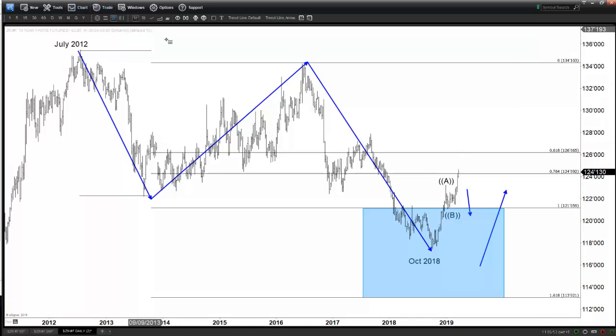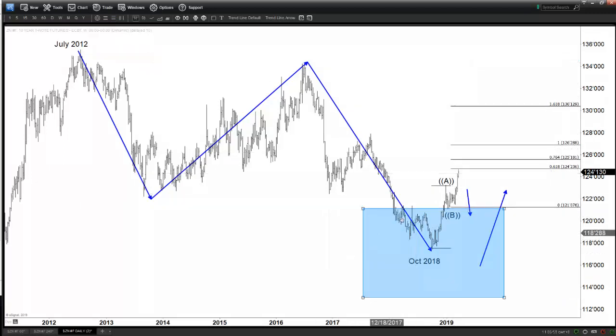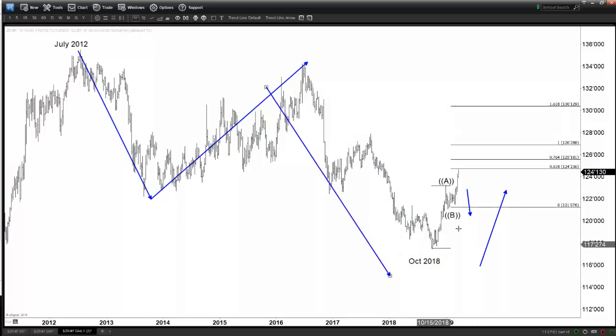Now if you look at the Fibonacci extension, let me erase this. If we do get a full 100%, we can potentially reach this area, 126, 130, to finish this third swing.